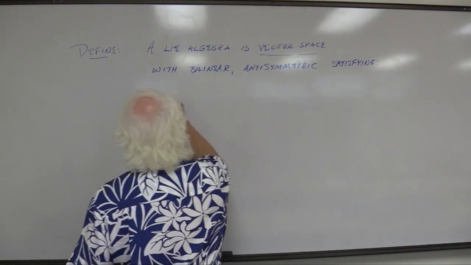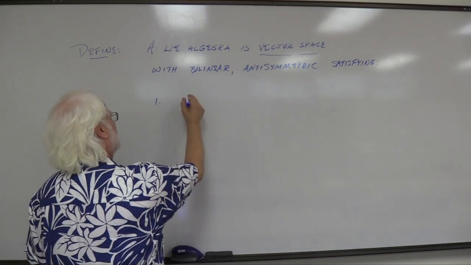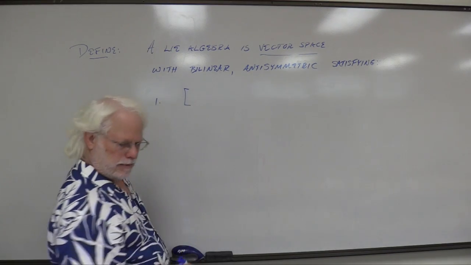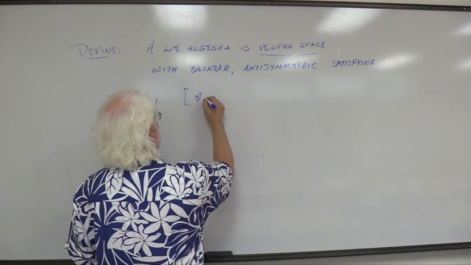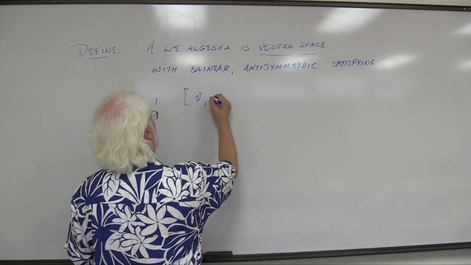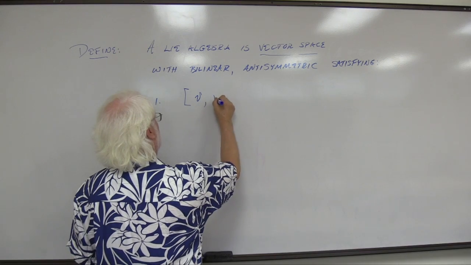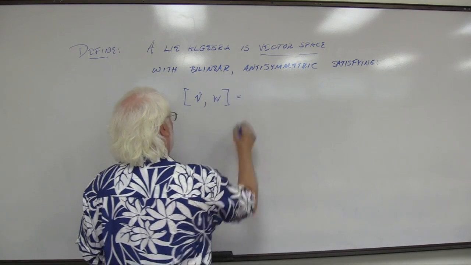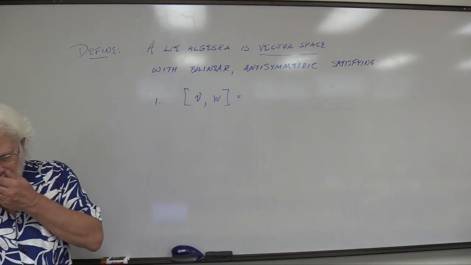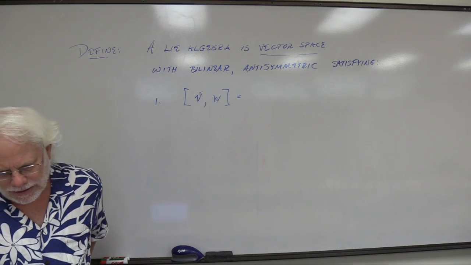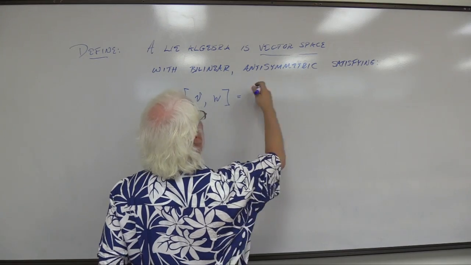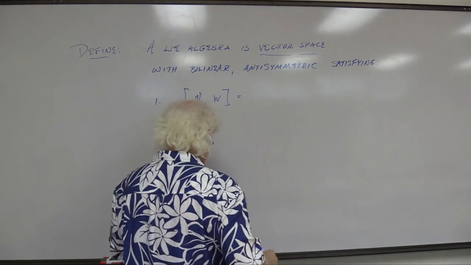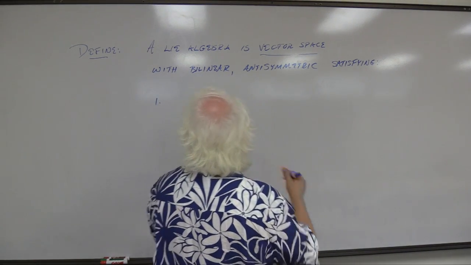Satisfying two properties. One, okay, so it closes with constants. What do they call these here? All right, any two elements of the Lie algebra, V and W, what we're going to get is some other element of the Lie algebra. Can I put indices on it?